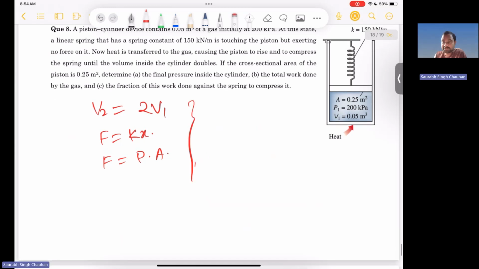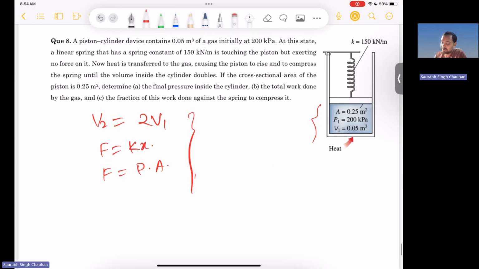So using these equations and whatever values you have, you can easily find what is asked: the final pressure inside the cylinder, the total work done by the gas, and the fraction of this work done against the spring. I will not solve this because you can solve it yourself. It is just equilibrium: you need to equate the force by the spring and the force due to pressure inside the cylinder.